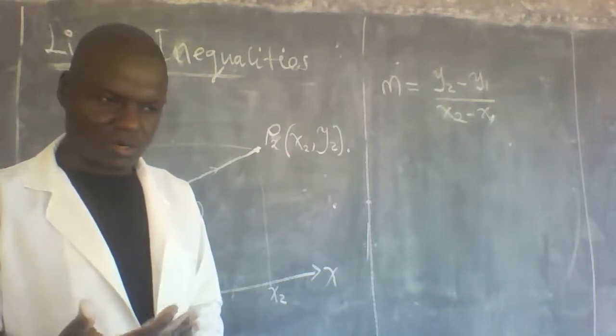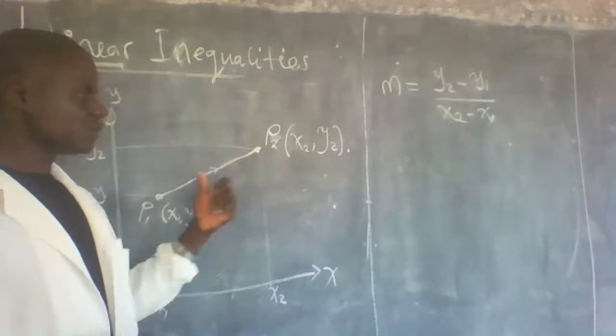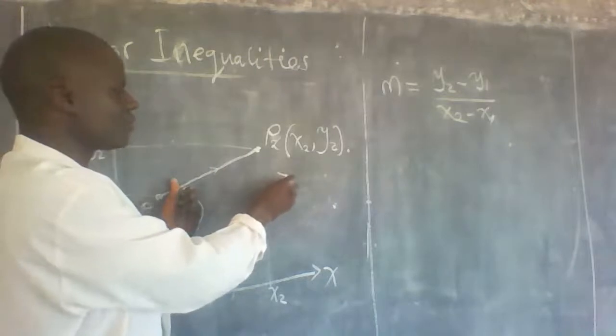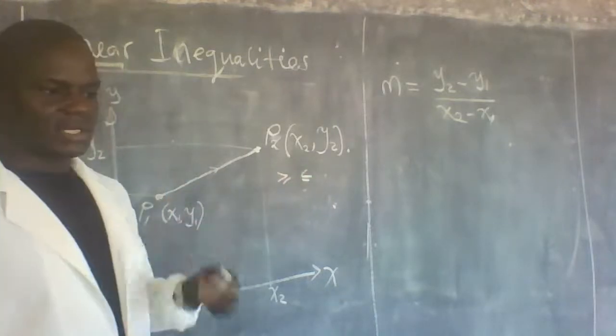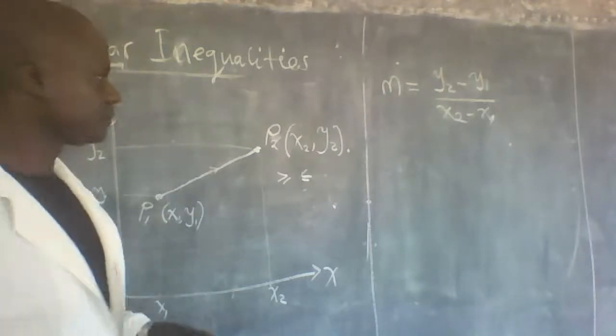How you can tell the type of symbol that was used to draw that line, because it is an outline, whether it is greater than or equal to or less than or equal to, will come later when you start looking at how to shade.